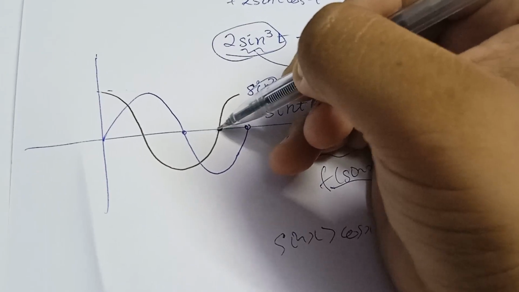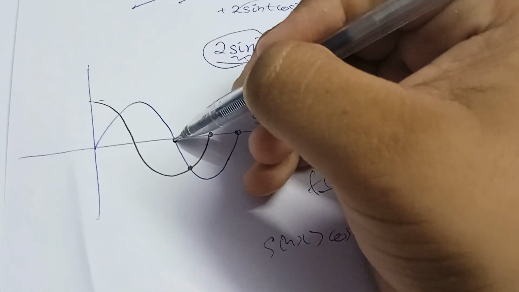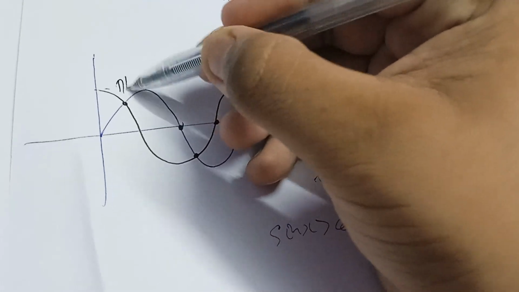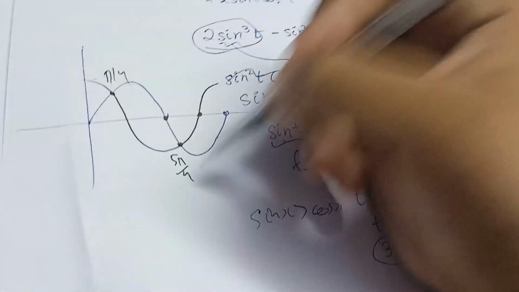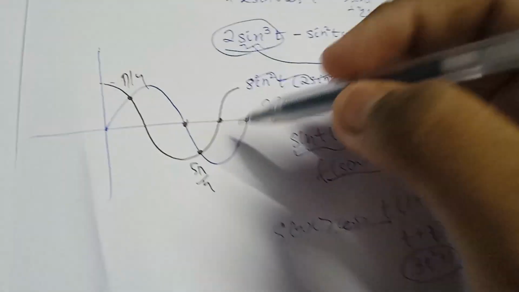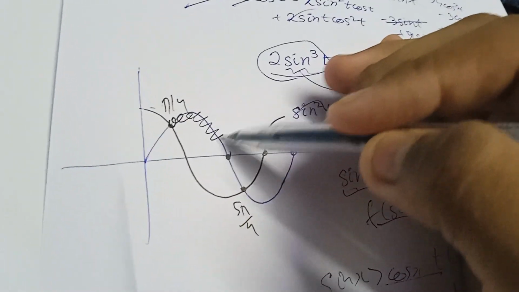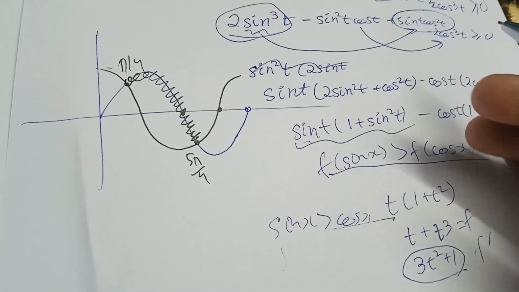This is 3 pi by 2, this is 5 pi by 4, this is pi by 2, this is pi by 4, pi by 4 and 5 pi by 4. Now what I want is that sin x is greater than cos x. Sin x is this blue part, that means the blue part must be greater than the black part, and this is the required region, and the difference between them is pi.